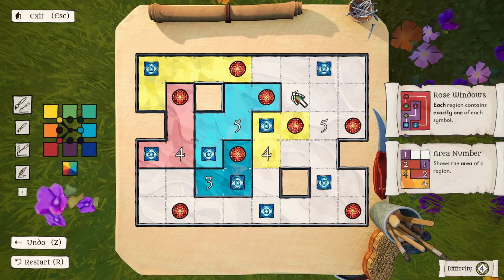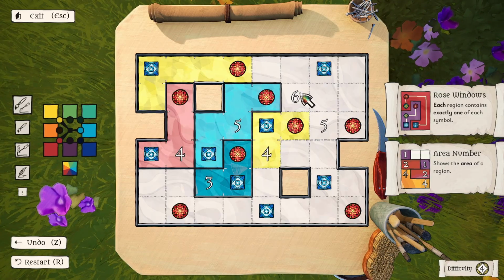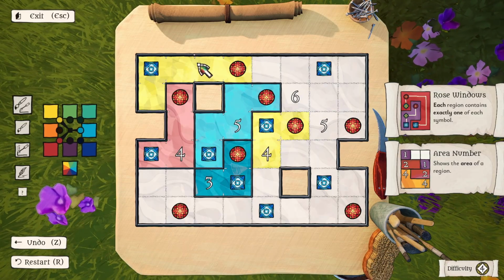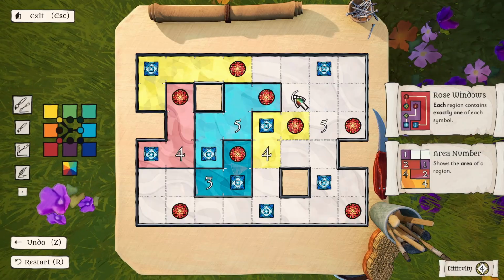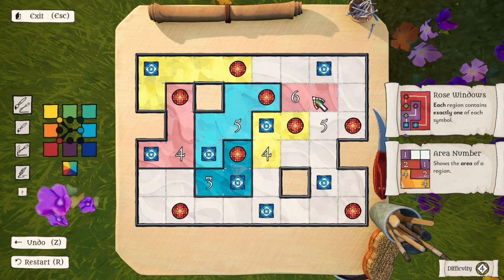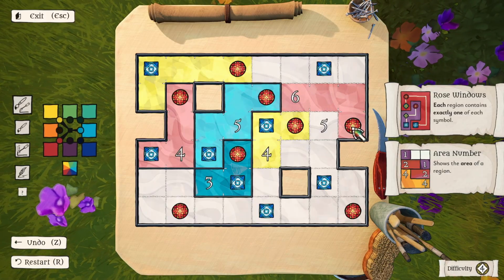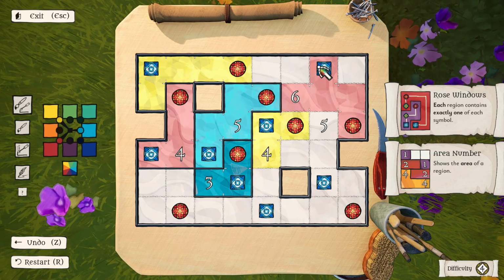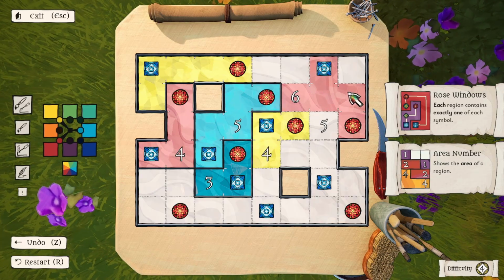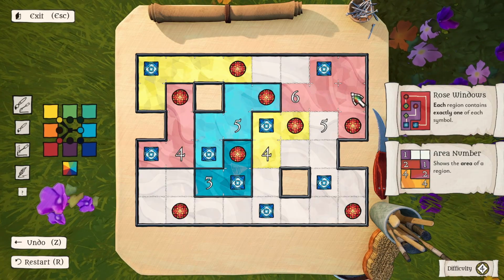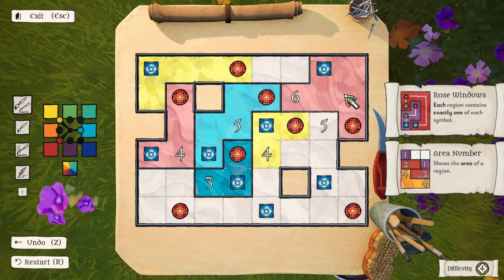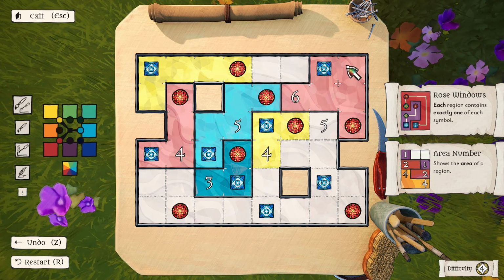Okay, this 6 needs a circle. It can't have both of that. It can't have all of that. So it's going to have to take that. That's 4. And that's 5. And we got to take that in order to not have that one isolated.